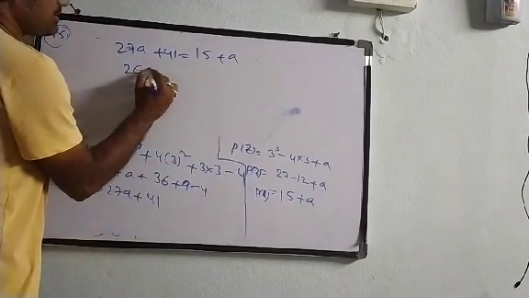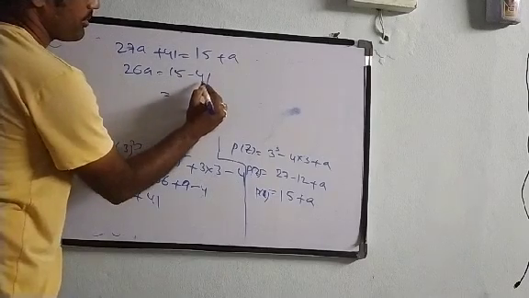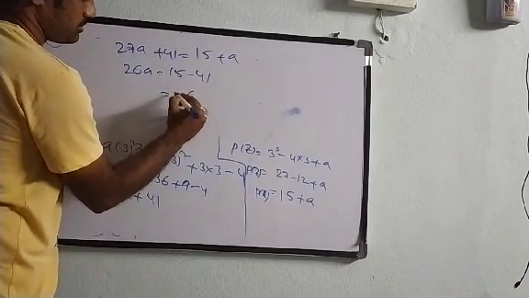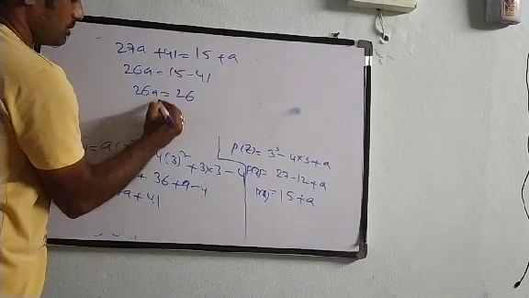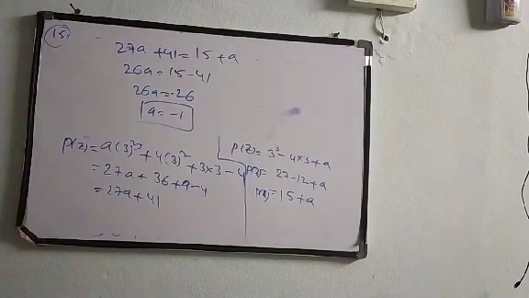So 26a is equal to 15 minus 41. So a is equal to minus 1. The a value is minus 1.